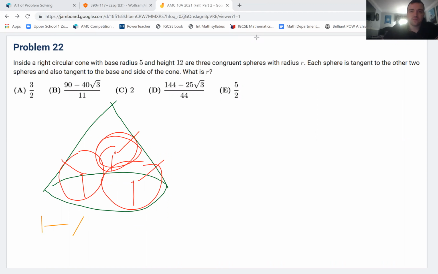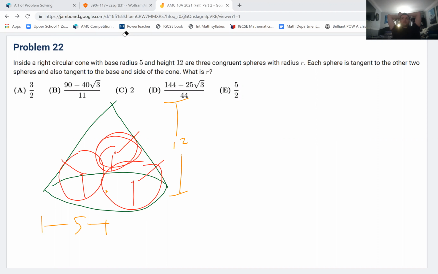We know that the base radius of the cone is 5. And we know, so let's say that's like the center, right? And we know the height of the cone is 12, right? We want to find the radius of the spheres.